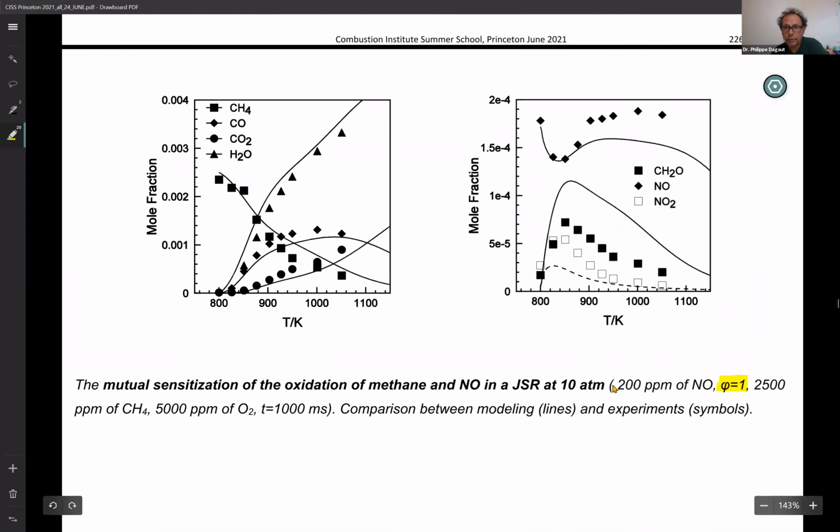We still use 200 ppm of NO, and we can see here the consumption of the fuel, formation of the products, water and CO2 here, and the intermediate formation of CO, and conversion of NO into NO2, and the formation of formaldehyde. The model doesn't represent the data very well, but the trends are there.